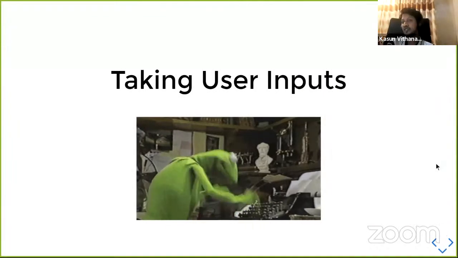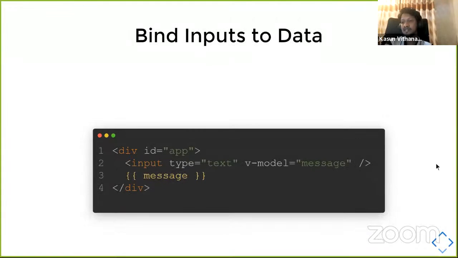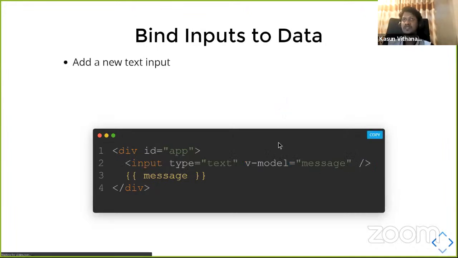Okay. Now I'm going to teach you how to take user input. So I showed you how to handle a click event, and you can actually handle other events as well. The next big question for you is how we can respond to inputs. So in here I have taken the same example with the message, but I have added a new element, which is an input element, which is taking text here.